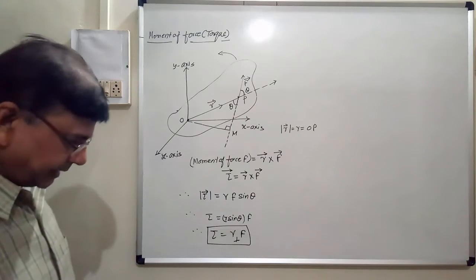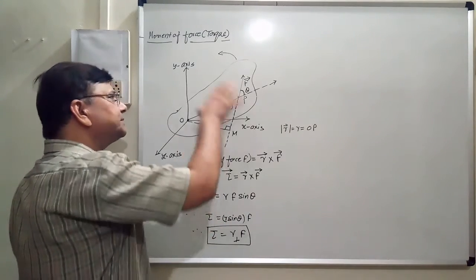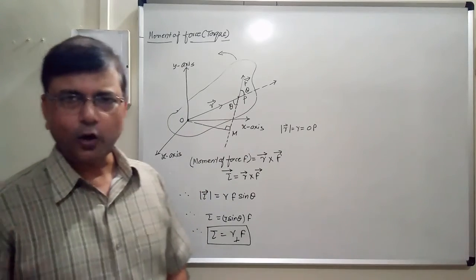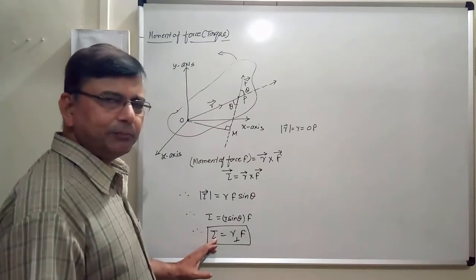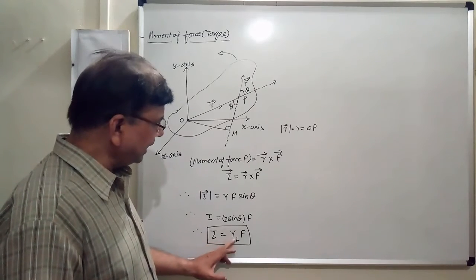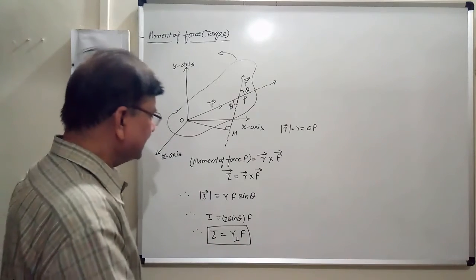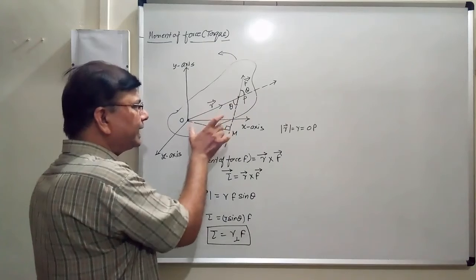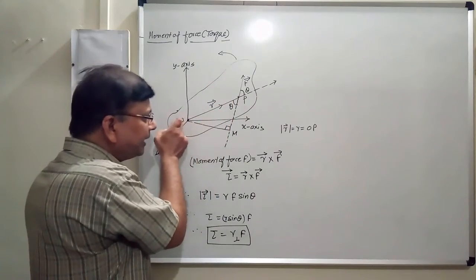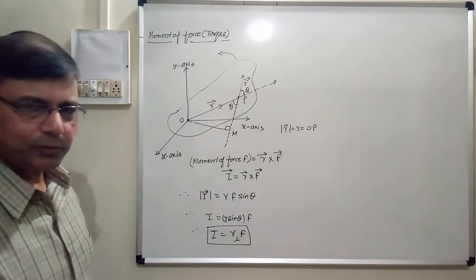This is the moment of a force which gives turning effect to the object. So we have understood what is the magnitude of the moment of the force, that is r perpendicular into F. r perpendicular means the component of this along the direction perpendicular to the line of action of the force is called r perpendicular.